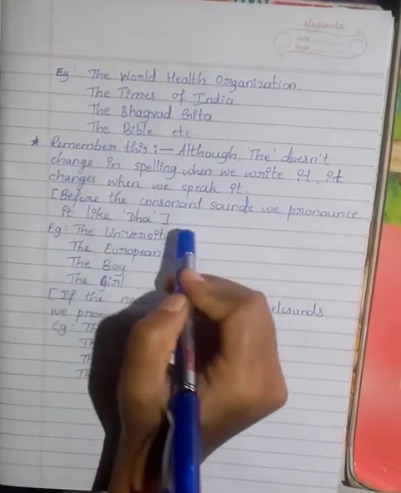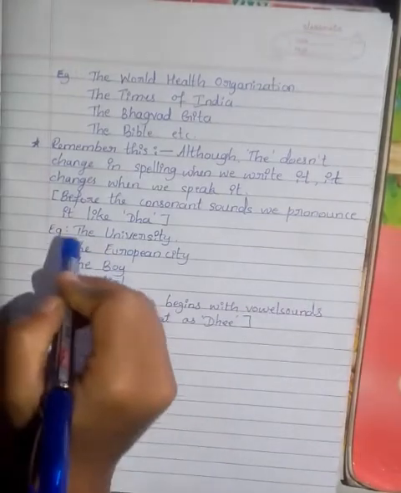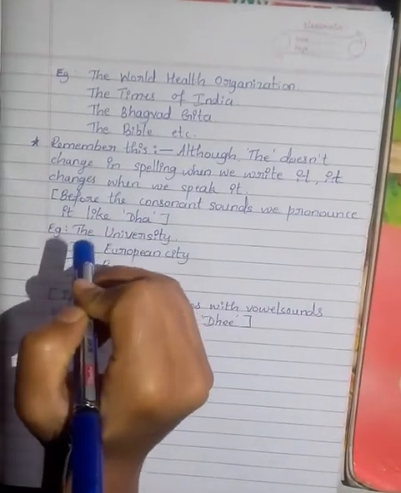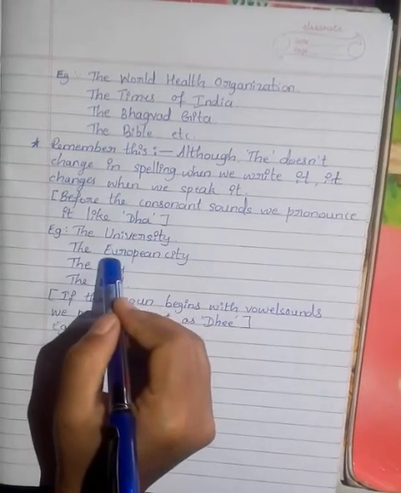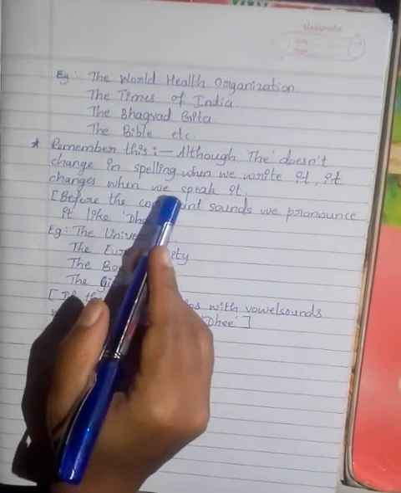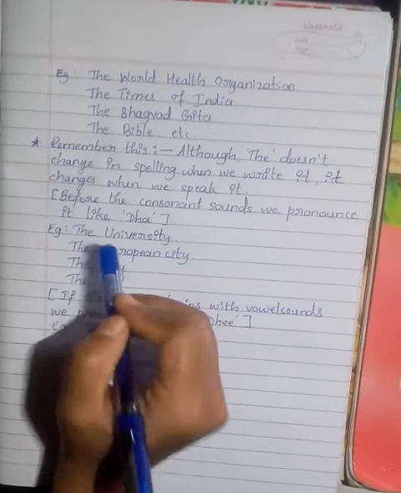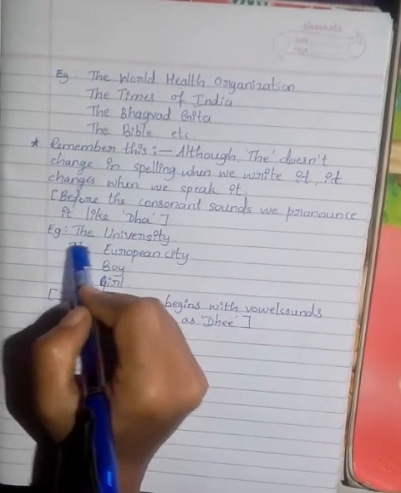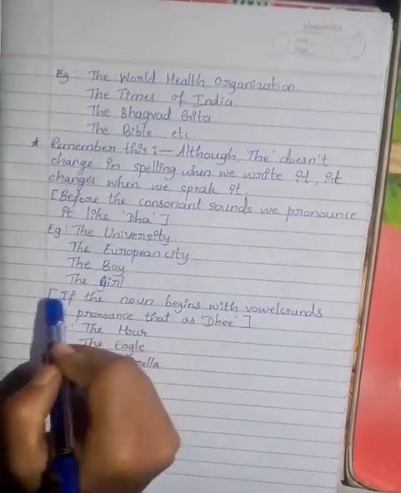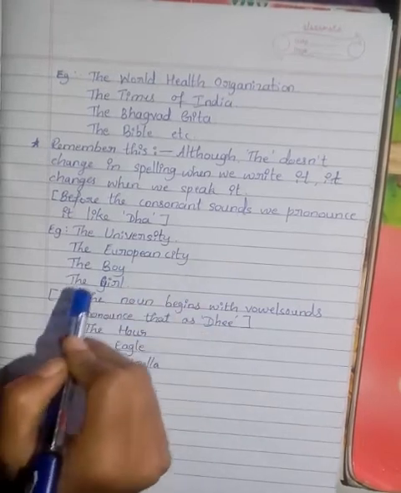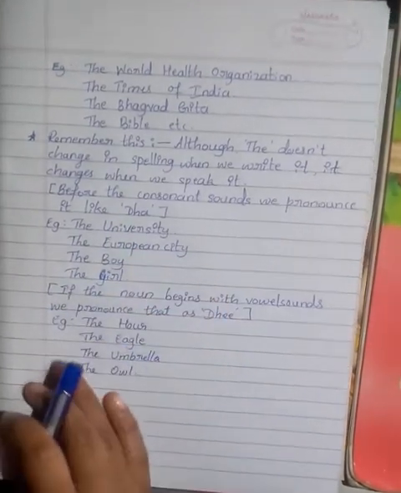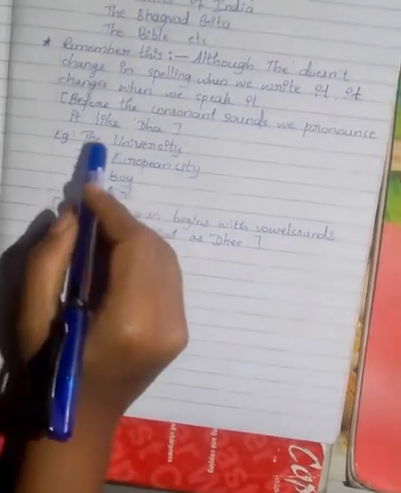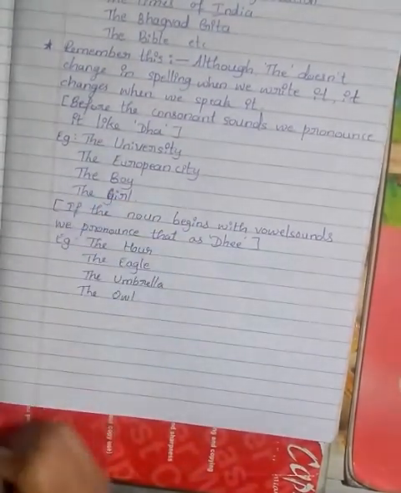See, before consonant sounds we pronounce it like thuh. Before consonant sounds we have to use the definite article as thuh. For example, the university, the European city, the boy, the girl. These sound as consonants. Understood, students? So we have used this as thuh.